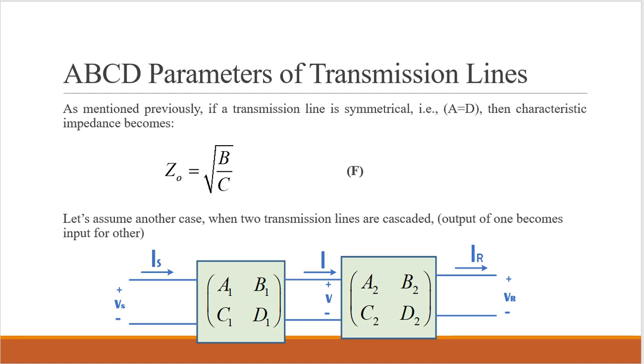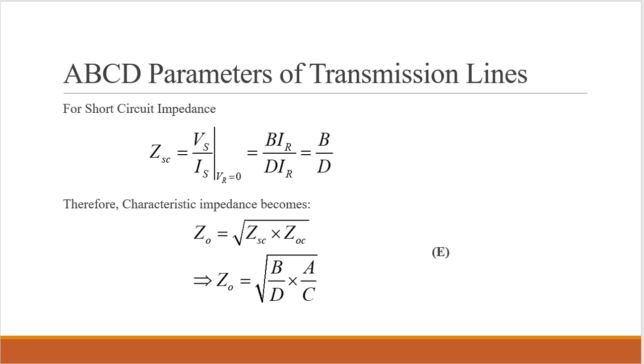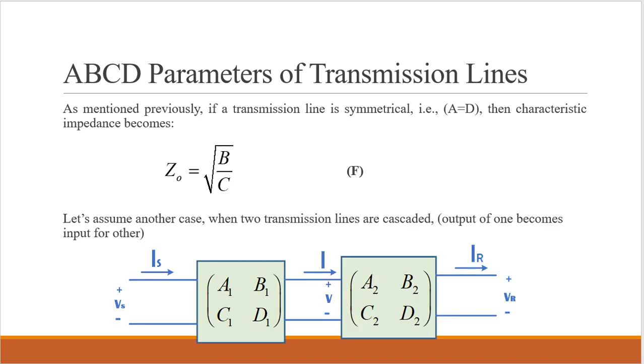If we have A equal to D, then the characteristic impedance will become Z naught equal to B divided by C. As in the previous case A is equal to D, therefore we can put the value of D equal to A, and both these values will get cancelled, and as a resultant value we will get Z naught is equal to the square root of B by C, right.